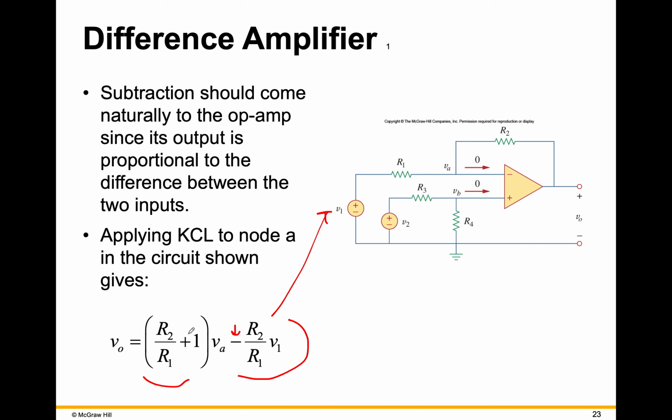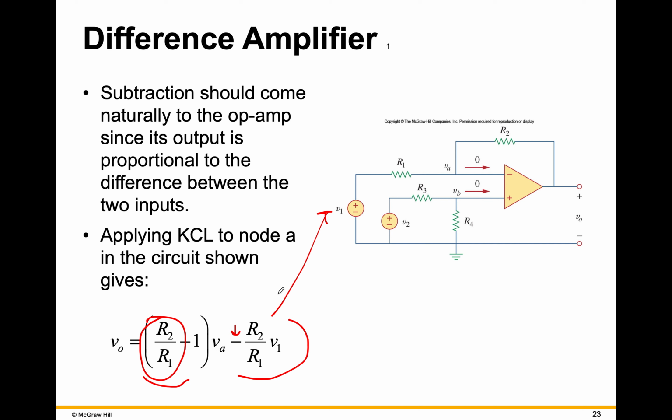And if you make R2 much less than R1, this fractional thing here gets very small, and so you end up with a 1 for VA.